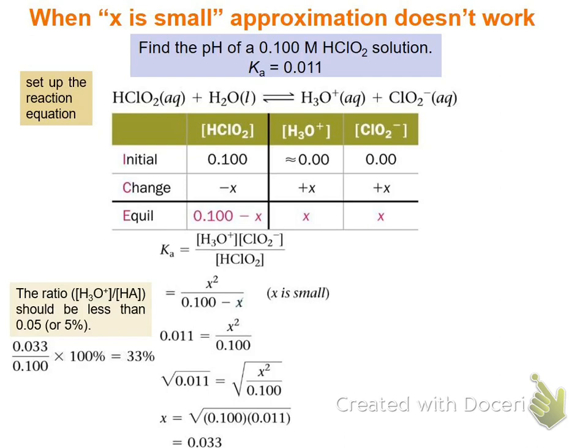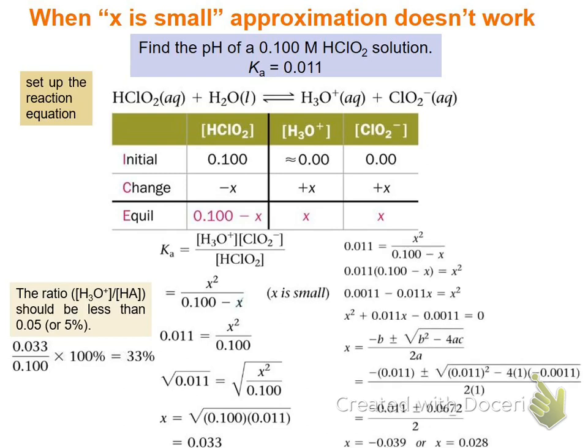So this is considered an invalid approximation, and so you're going to have to use the quadratic equation as shown here, and we get a value that is less than 0, negative, and the other one is 0.028. And so we drop the negative x and use the positive value here. Plug it into the equation for pH, and we get a pH of 1.55.